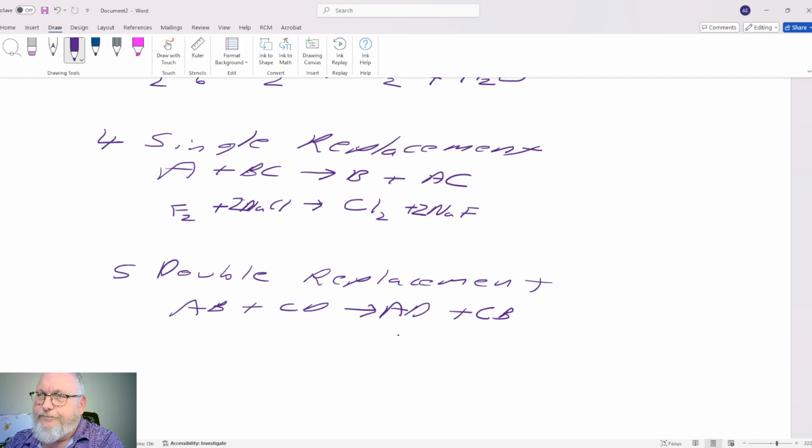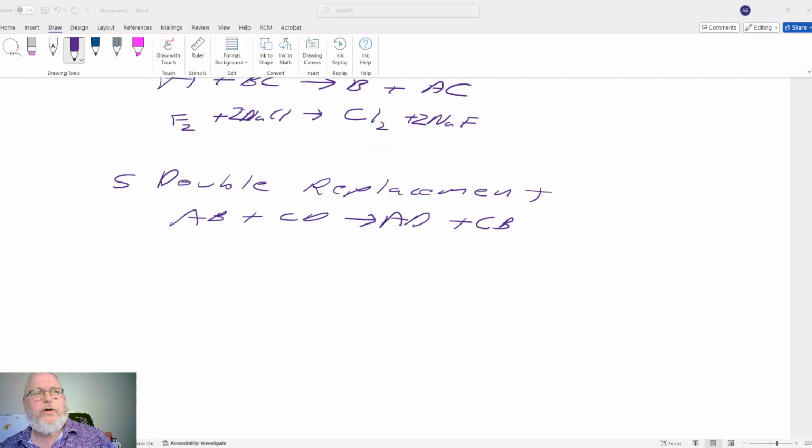Okay, so let's see something. What's cool about this is these are two clear liquids. Let me pause for a minute and I'll find one. Okay, here's a good one. So I've got silver nitrate, AgNO3.